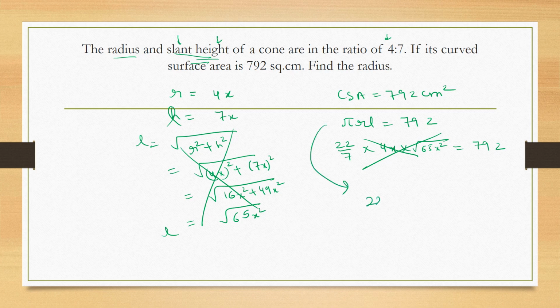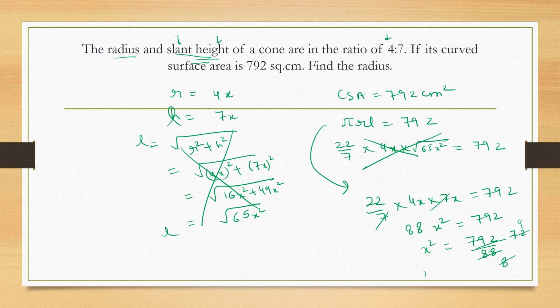So pi, R is 4x, L is 7x, 792. 7 gets cancelled with 7, 22, 4 2s are 8, x square 792. So x square becomes 792 by 88. 11 8s are 88, 9 8s are 72. So x is 3. What I'm supposed to find out? Radius. So radius will become 4 3s are 12 centimeter, right?